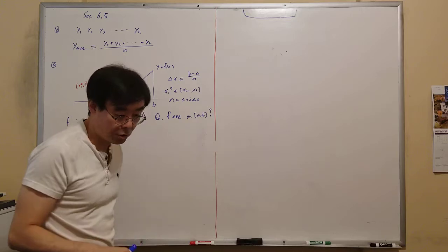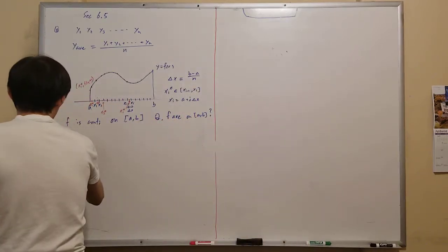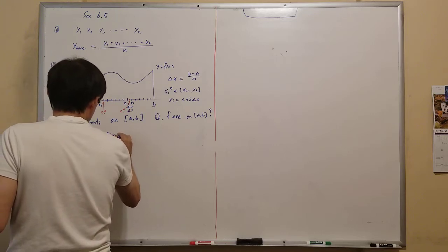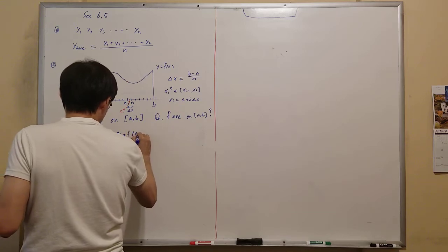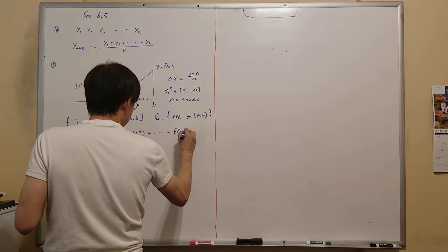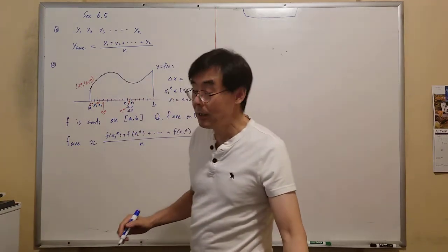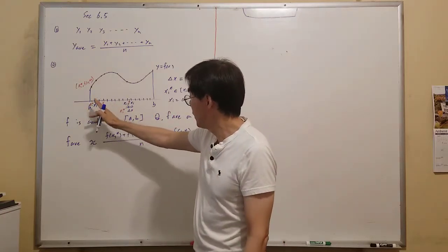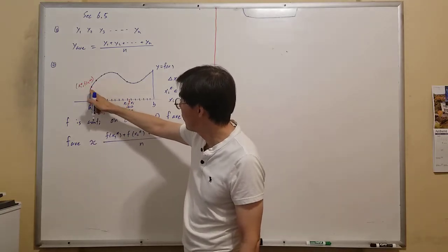So our approach here is that f average should be close to f of x1 star plus f of x2 star, and so on, divided by n. If n is very large, with many subintervals, on each subinterval you just evaluate the function value somewhere.